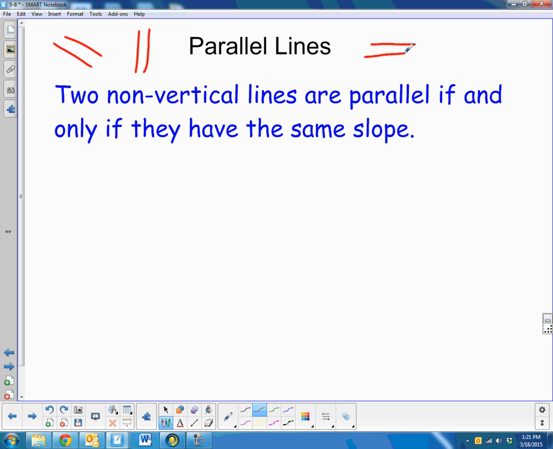Remember that slope is your rise over your run. If we have a line like this, and it goes rise, run, rise, run, forever, and then you have another line that has the exact same rise and the exact same run, you're going to have pretty much the same line, just shifted up or down.